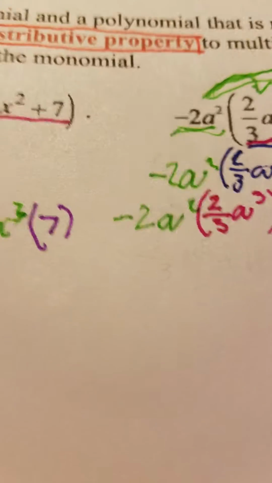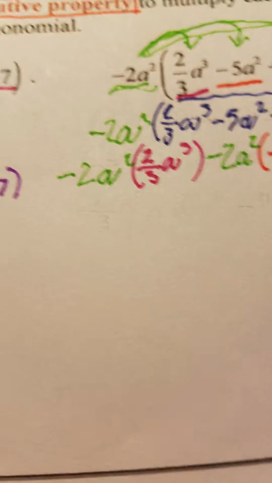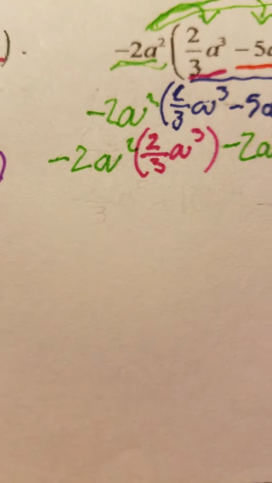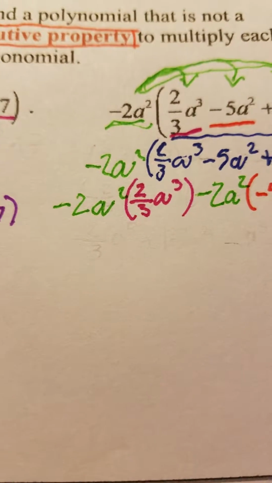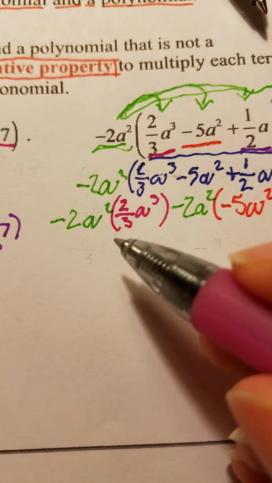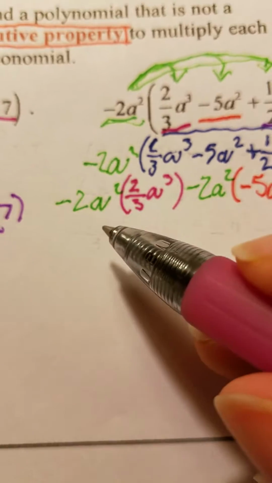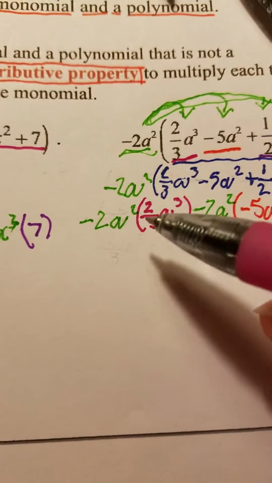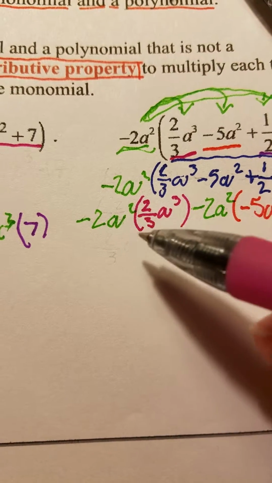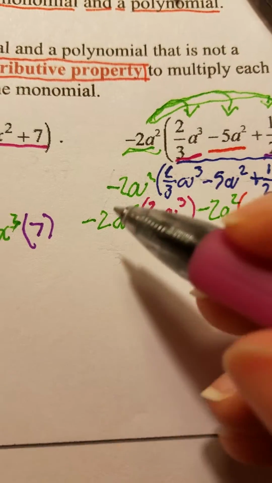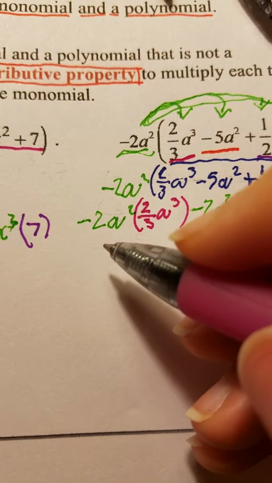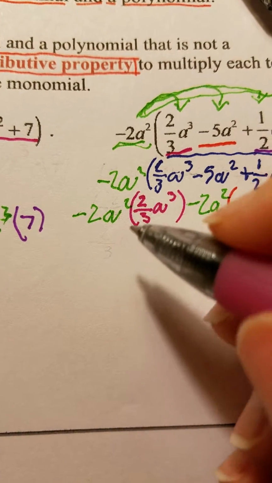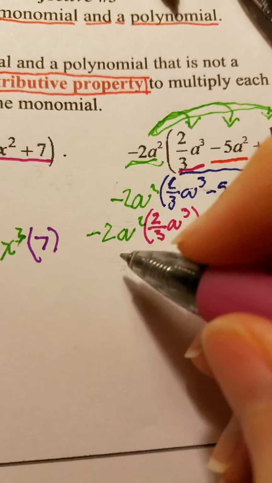Okay, we're going to do all these separately again, just like we did with the monomial times the monomial, because that's basically what we're doing. So what is negative 2a times 2 over 3a? Well, negative 2a times 2 over 3a equals negative 4 over 3a.